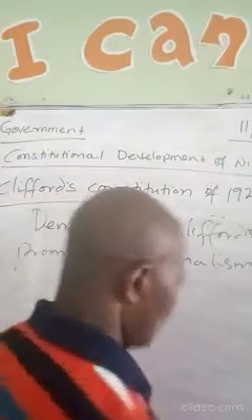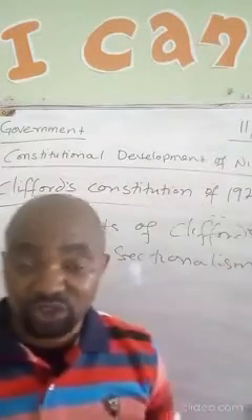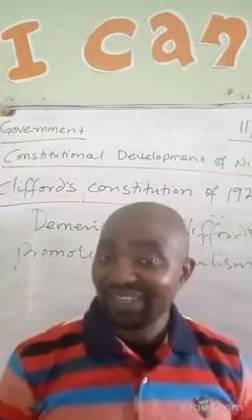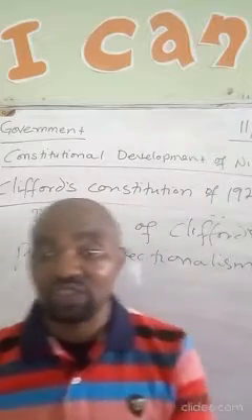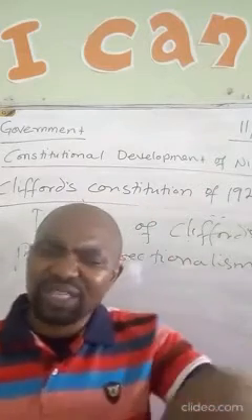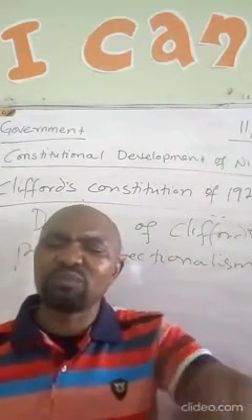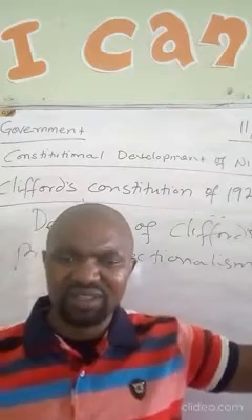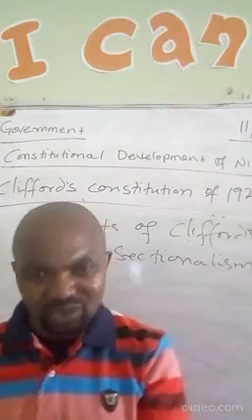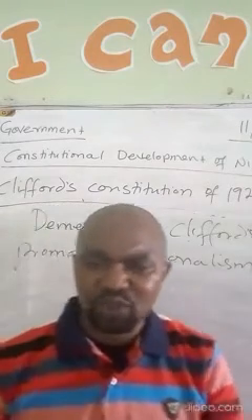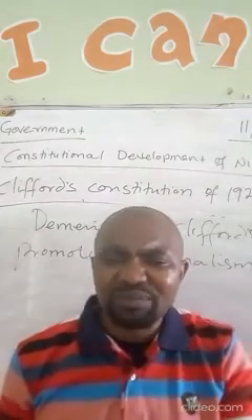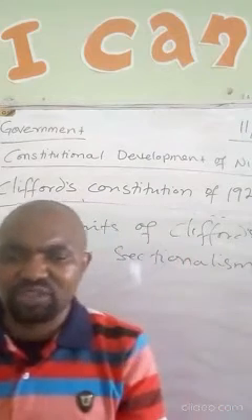Sectionalism in what sense? In what way did the Constitution promote sectionalism? Like I said, in the nature of the features of the Constitution, the Legislative Council only comprised members of the South. The North was excluded. And I told you that the North was ruled by a simple governor's proclamation.